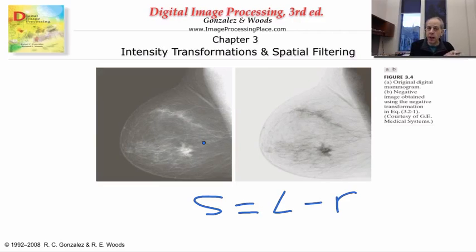We saw that there are some contrasts that are perceived better in the dark regions, and some contrasts are perceived differently in the light regions. So this inversion might help us to perceive things that are difficult to notice in the original image.